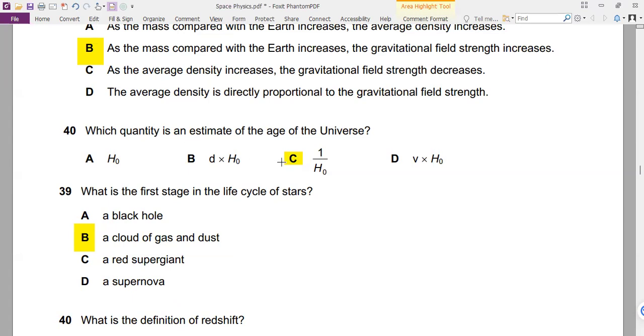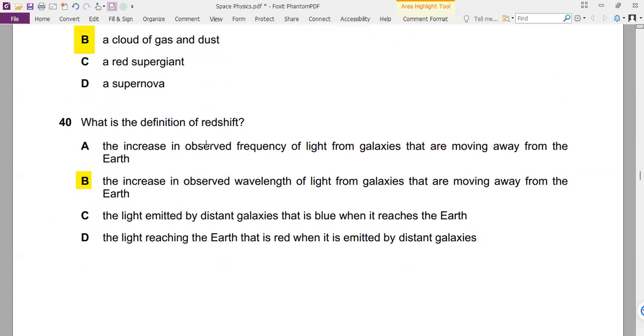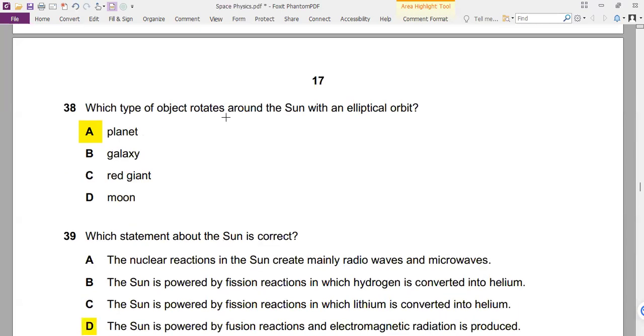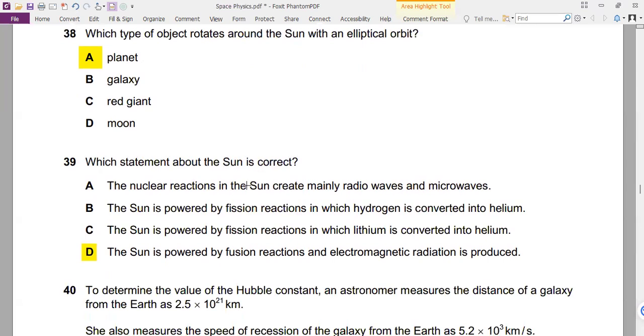So this quantity is used as an estimate. The first is the cloud of gas and dust, the nebula. Redshift definition: increase in the wavelength as it moves away. An object that rotates around the Sun is a planet that goes in an elliptical orbit.